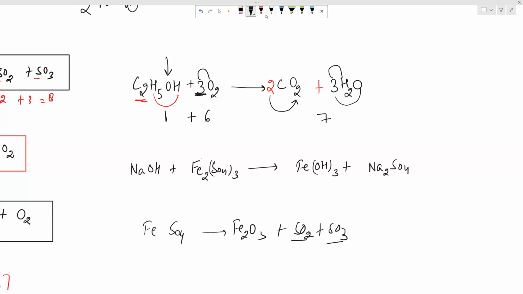Okay, I'm just going to give you a hint. Here will be 6. Find out the other values. It's very easy now for you. NaOH will be 6.